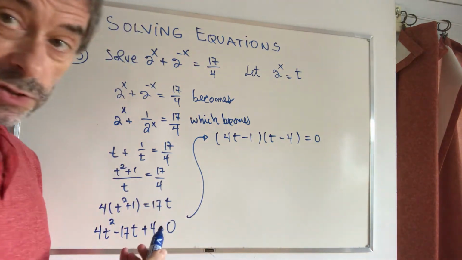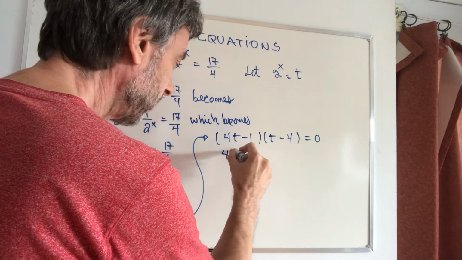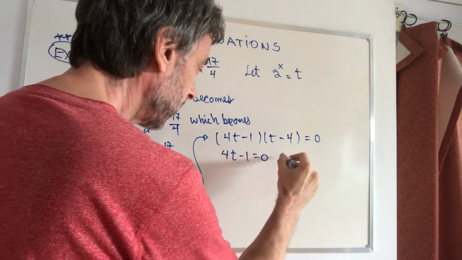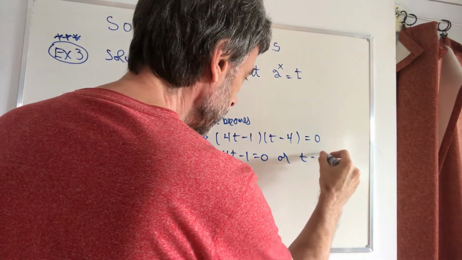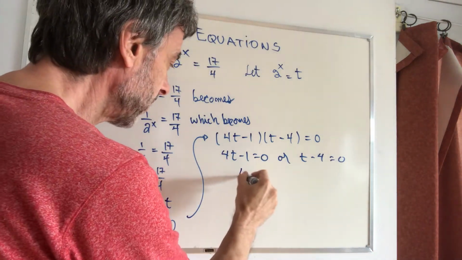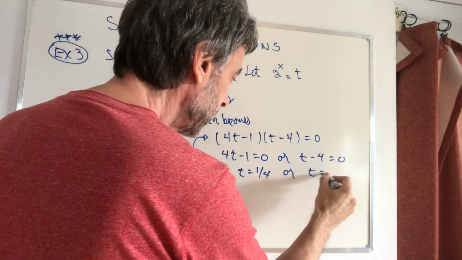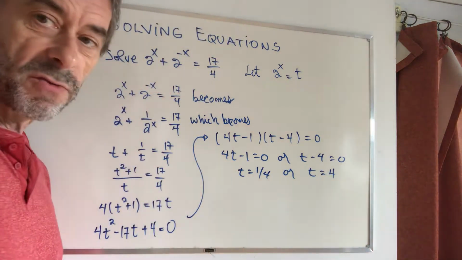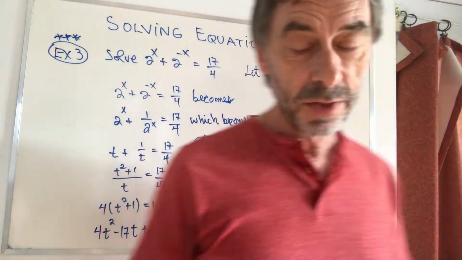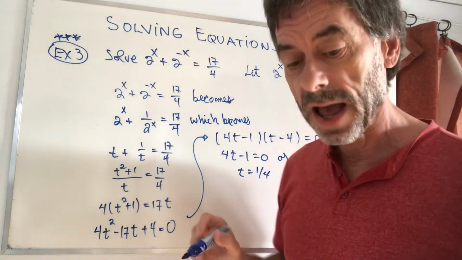So my two answers for t, not for x, for t, will be 4t minus 1 equals 0, or t minus 4 is equal to 0. Solve this, that's 1/4. Solve this, that's 4. Now remember that t originally is 2 to the x.